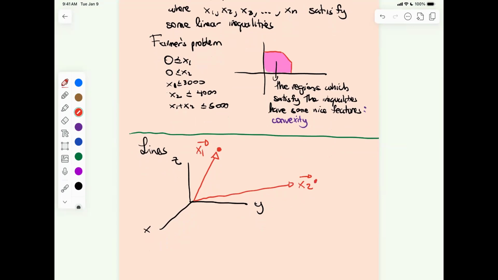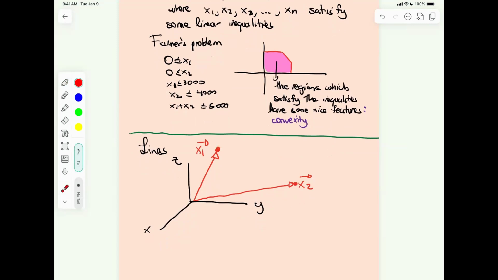The way I'm drawing the vectors, you have to imagine that they start at the origin and just end at a particular point, which is why I'm drawing these dots here. That is where the vectors end.